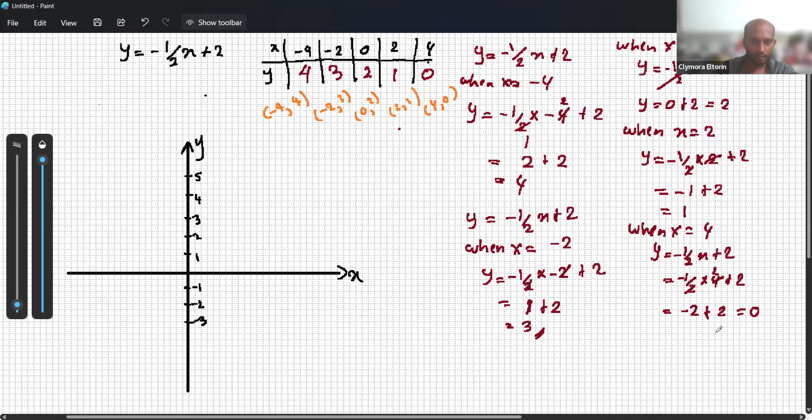For the x values: 1, 2, 3, and 5. Minus 1, minus 2, minus 3, minus 4, and minus 5. Okay, let's follow the points.